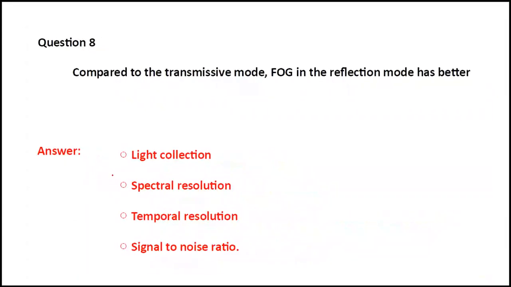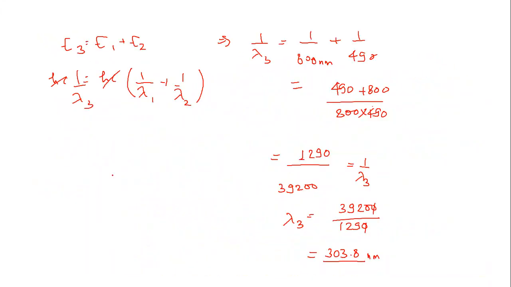Okay, I'll go on the last page. Suppose I keep the value of lambda 1 equal to 400 nanometer, and lambda 2 equal to 790 nanometers. Now, when you sum them up, just find the value of lambda 3.